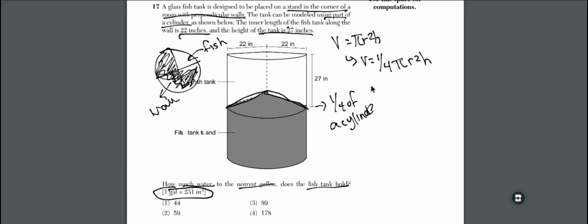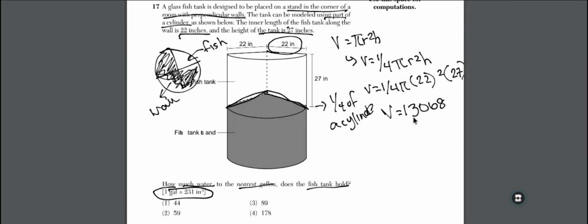Okay? So I need to find my volume first. So I know V equals 1/4 pi. My radius is 22, squared, times my height of 27. And I put that in and I do it first, and I'm going to get 13,068.